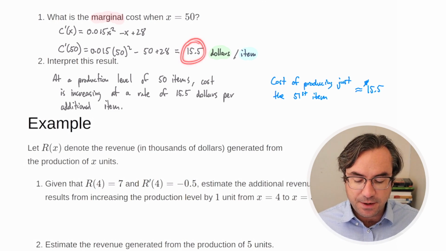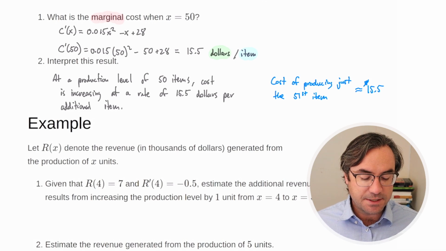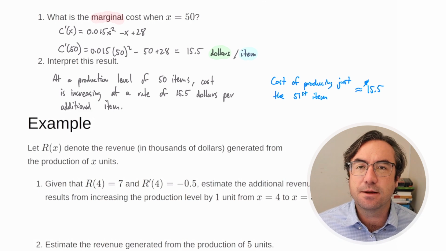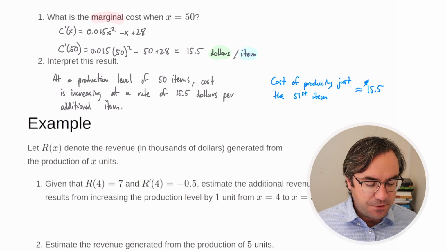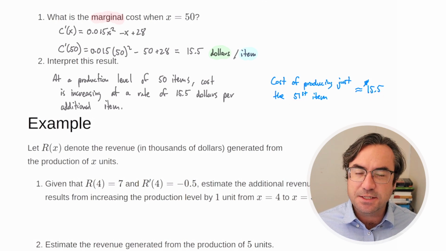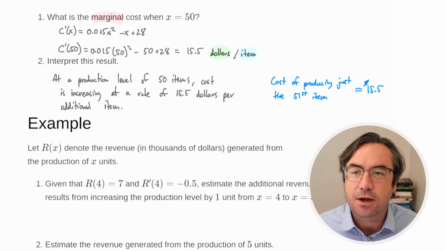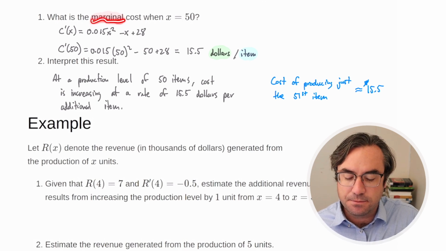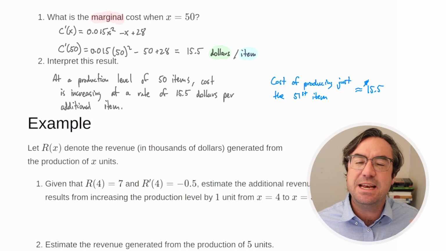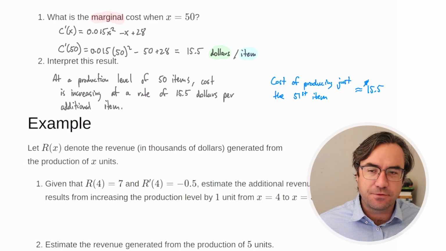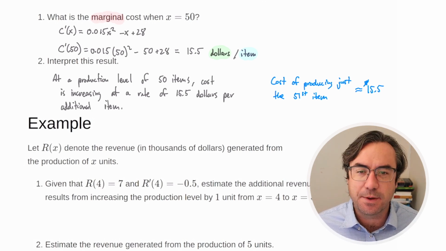This 15.5 is telling us, if we've already produced and manufactured items 1 through 50, how much that very next item is going to cost. And that's what marginal means. It's how much that next item is going to cost, or if we're talking about profit, how much we're going to profit from it.